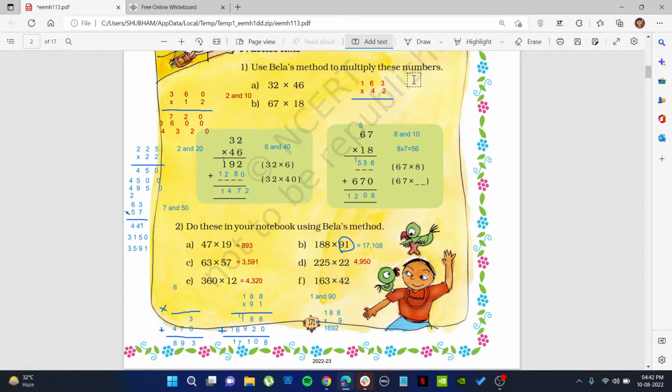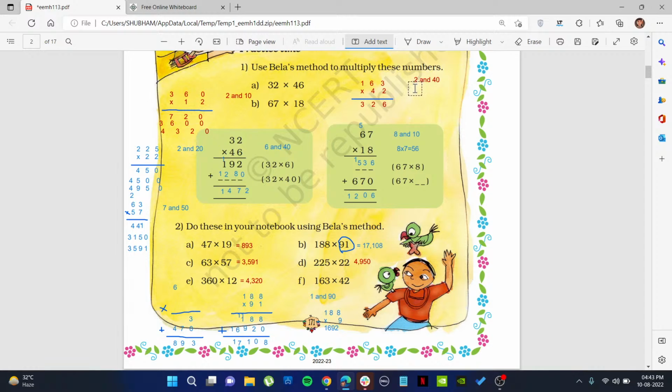First we need to break 42 into two parts, and on doing so we get 2 and 40. So first we will be multiplying 163 with this 2. And we know that if we multiply any number with 2, it means that we are just doubling it. So double of 163 gives us 326. So let's write down 326 here.